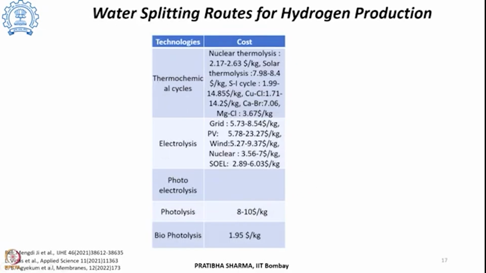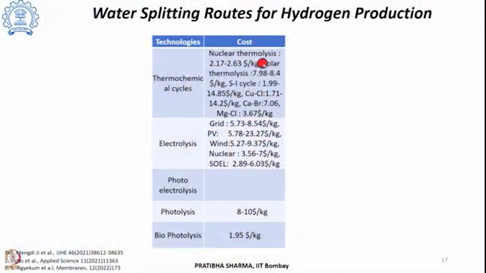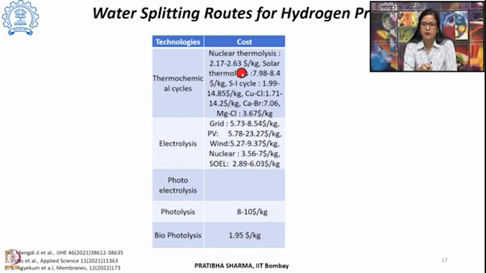For thermochemical cycles, if the energy required for providing the heat for the high temperature cycle is by means of nuclear, then it is $2.17 to $2.63 per kg. If it is from solar $7.98 to $8.4 per kg, and the different cycle costs.